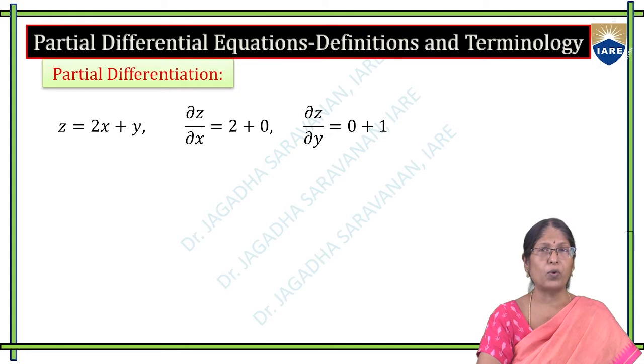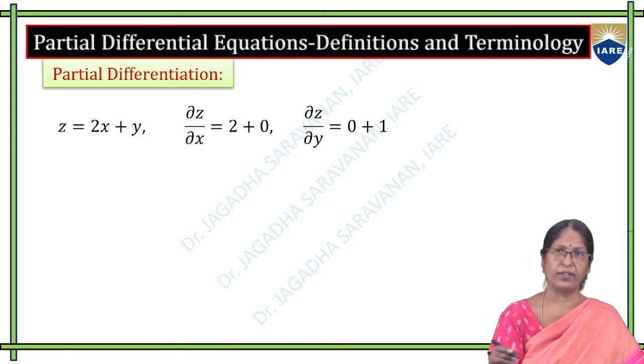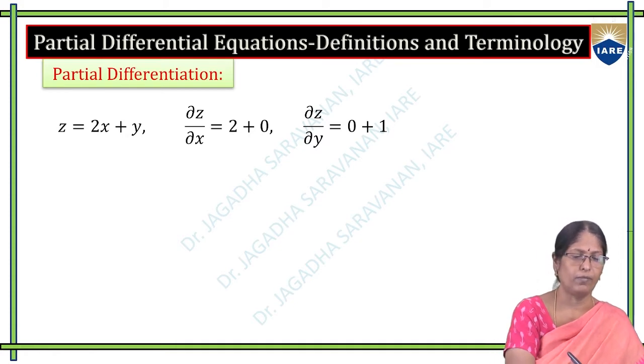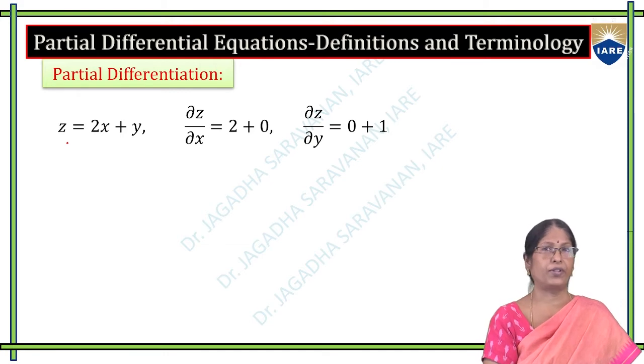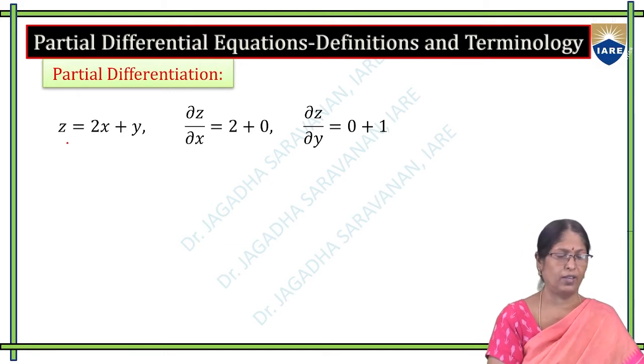Z is playing the role of the dependent variable. So when we are concentrating on X, Y should be treated as constant. This is the definition of partial differentiation. We can see practically how it works with one small example.